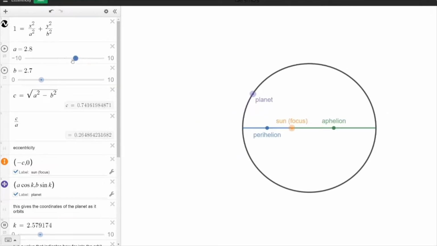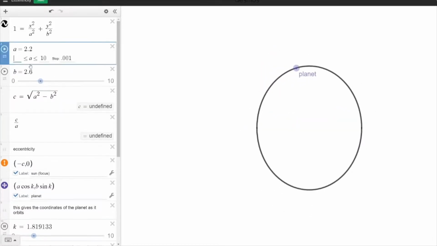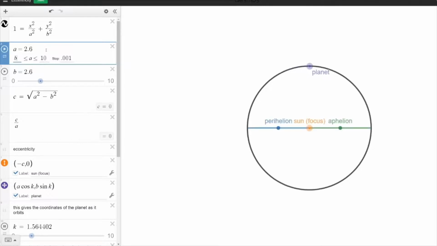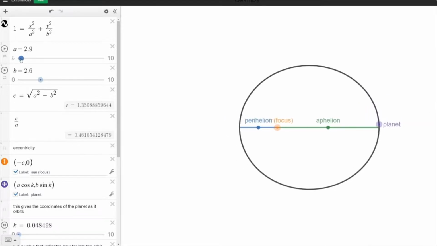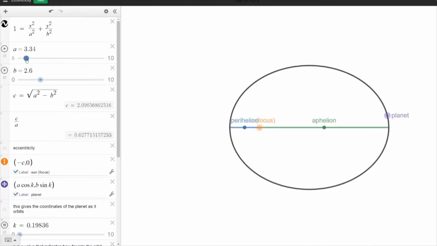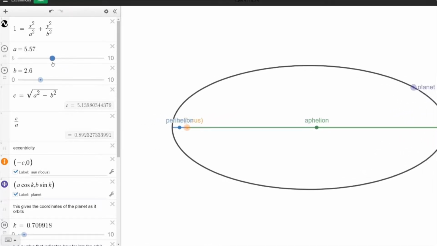If the eccentricity is 0, the foci are in the center, and the perihelion and the aphelion are the same. That makes sense; it's a circular orbit, right? As this changes, the perihelion will get smaller, and the aphelion will get larger and larger.